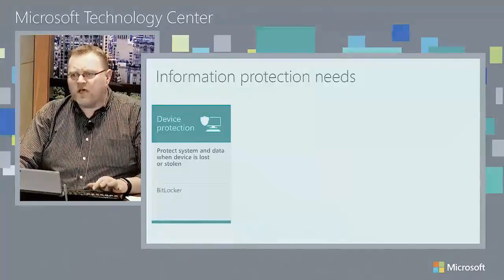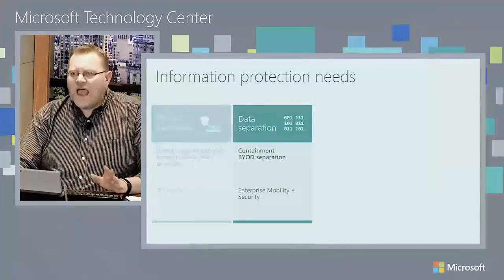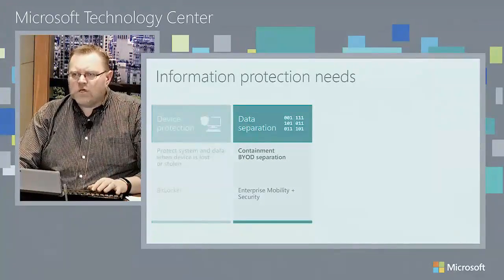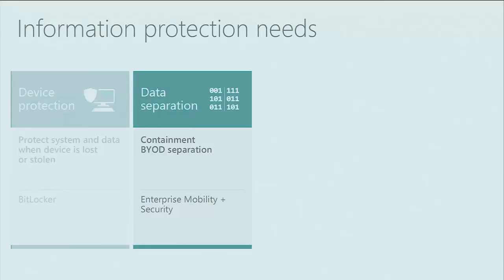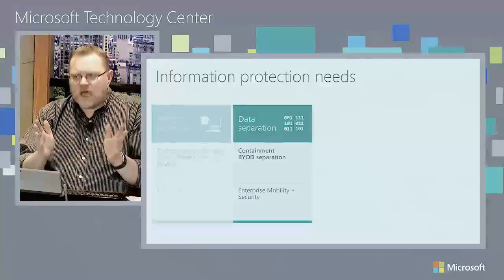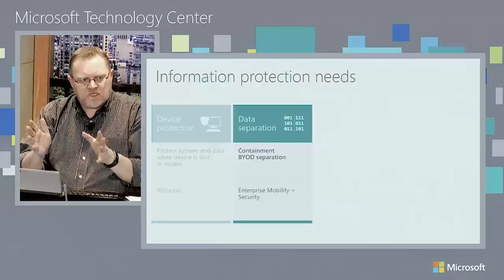The next part of the equation is to say, how do we separate our data? What we want to do here is a level of data separation, containment and BYOD. What is work data? What is personal data? How do I make sure that I keep these two separate? To do that, we use enterprise mobility and security.